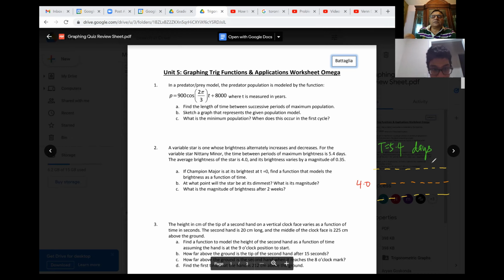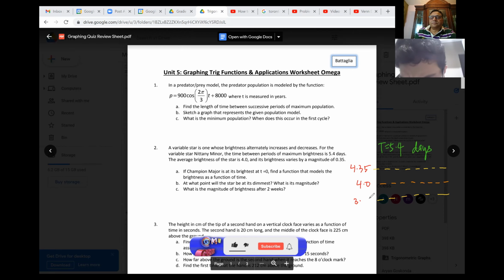So in that case, we have this value here as 4.35 as maximum. And what is 4 minus 0.35? How much do you get? You get 3.65. Correct. So 3.65 becomes your minimum.